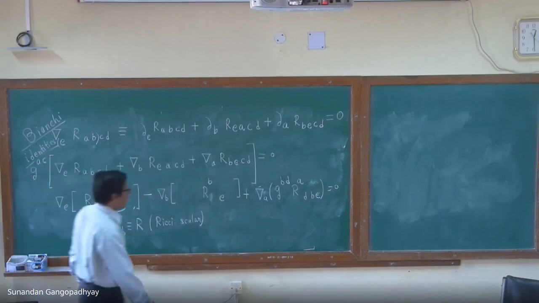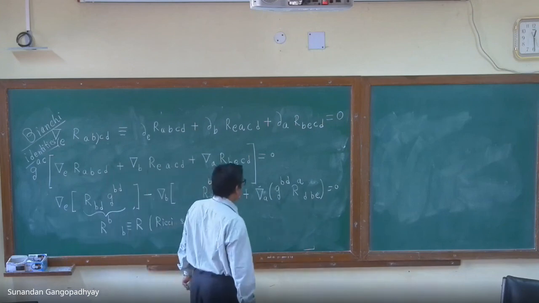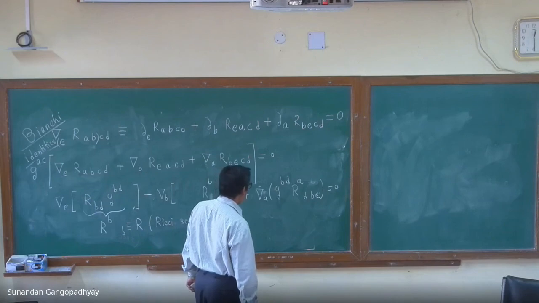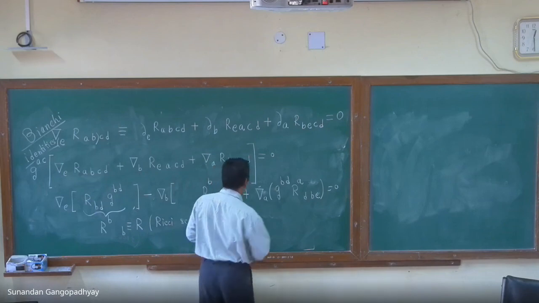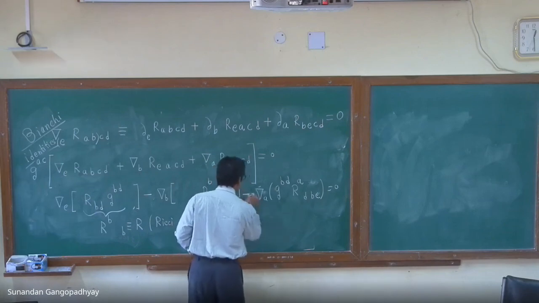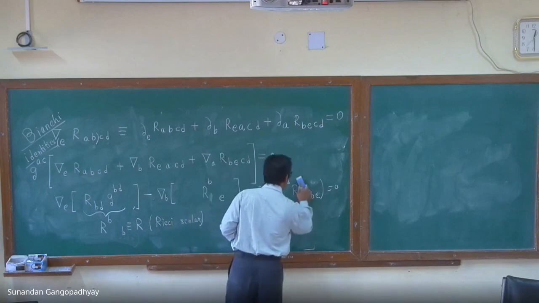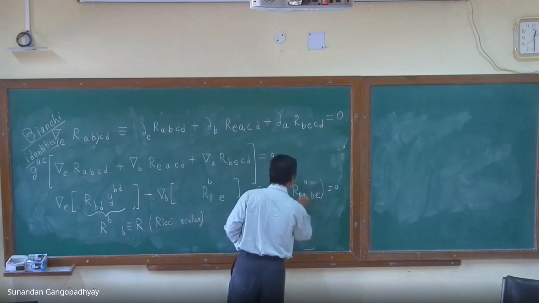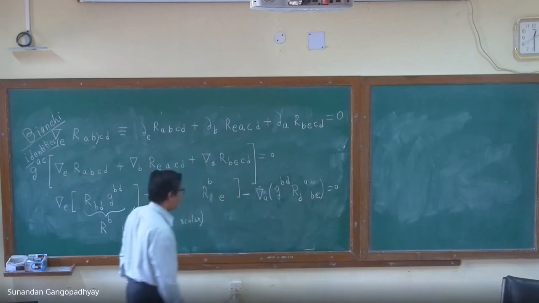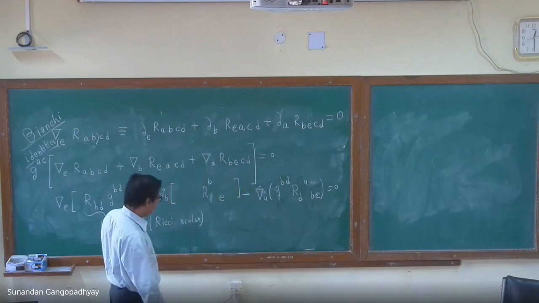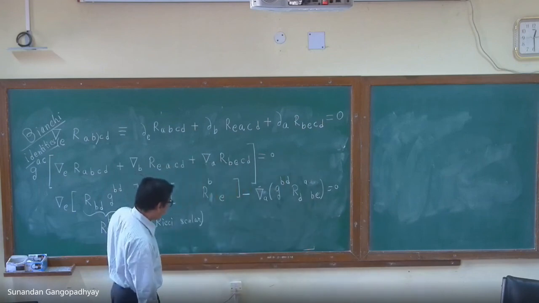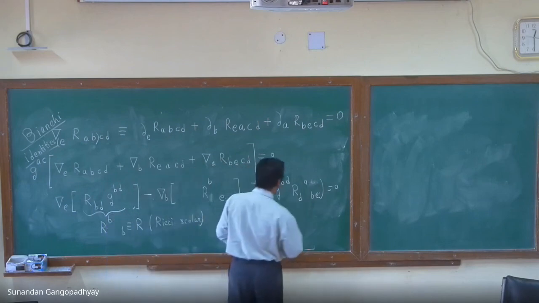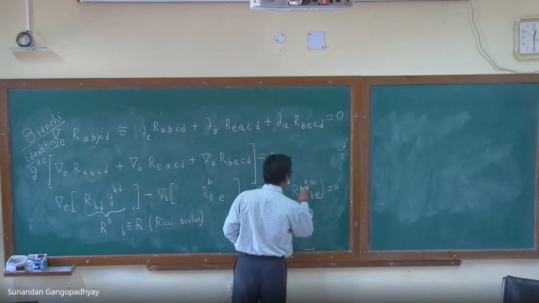And what about this one? First we use the antisymmetric property in the first two indices, and then I can use this. Then D will go upstairs, then again R_A will come. So this is D, this is gone.